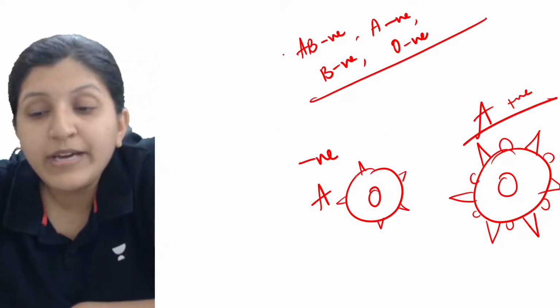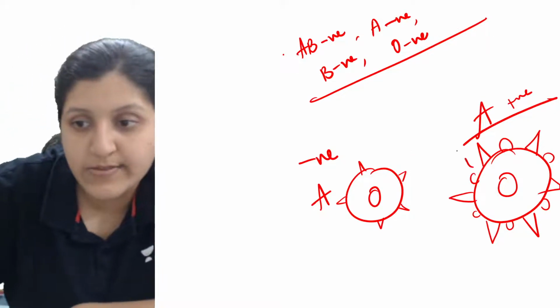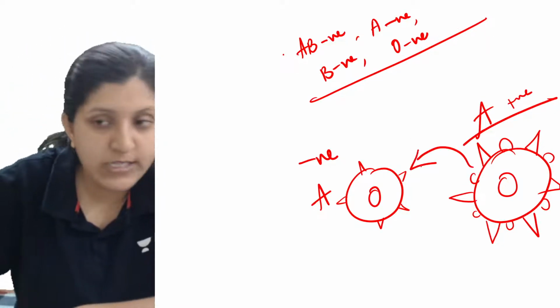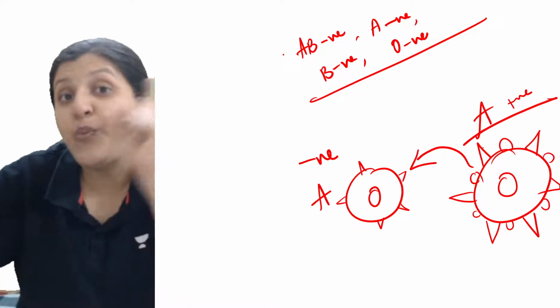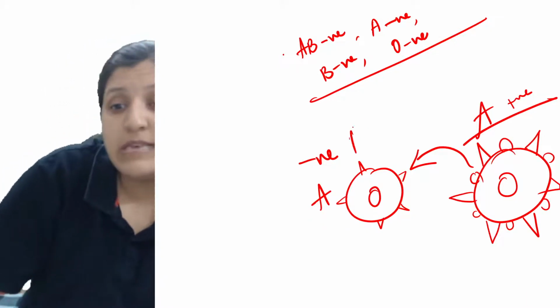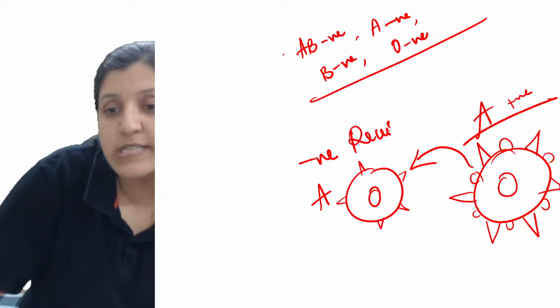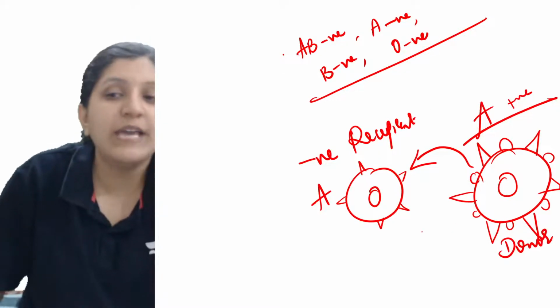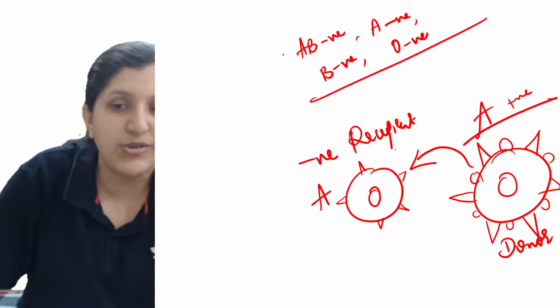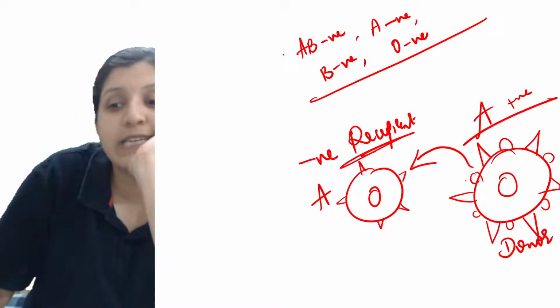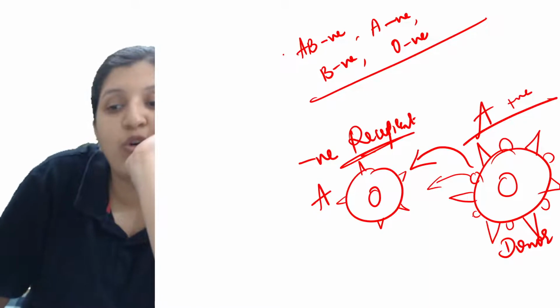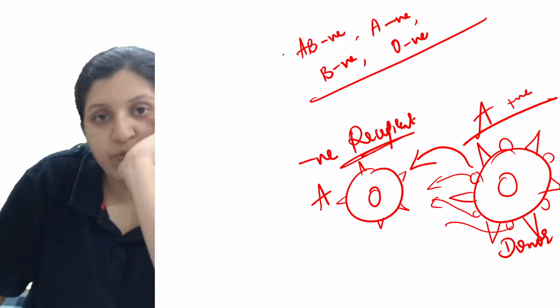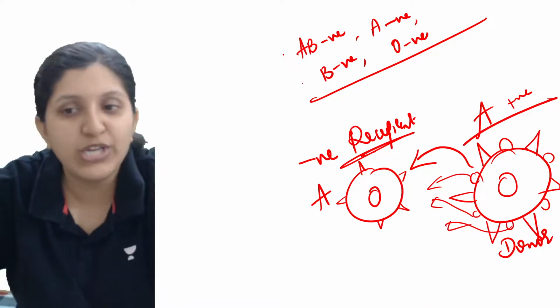Whenever this negative person receives blood from a positive person, let's say this is the recipient and this is the donor, then for the very first time this individual, the recipient, is getting exposed to a new type of antigen. That means it is a foreign object itself.